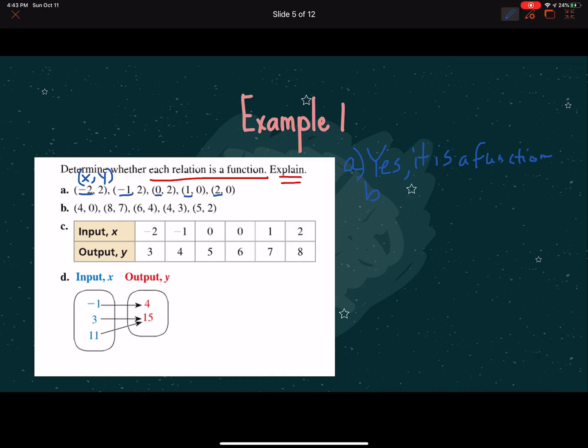Now for my explanation, I'm going to say because each input has exactly one output.